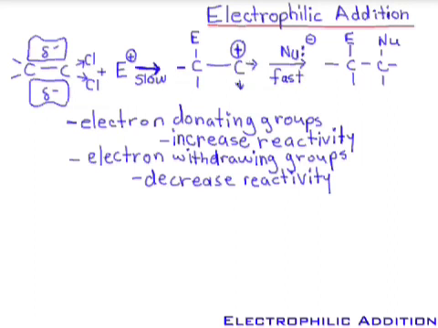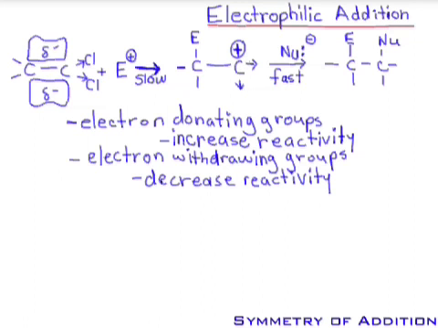Now, you could look at it from the perspective of the product intermediate. If you have inductive electron donation, the plus becomes smaller. It becomes more stable. The charge gets spread out a little bit, out onto the carbons. This inductive electron donation stabilizes the plus. It forms faster. Electron withdrawing will put more positive charge on this carbon, destabilizing it, making it form more slowly.